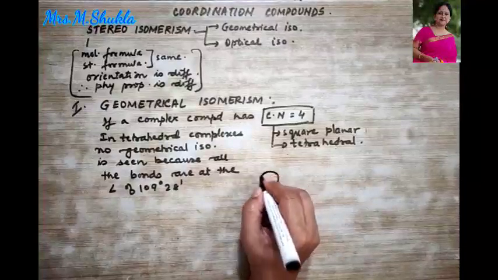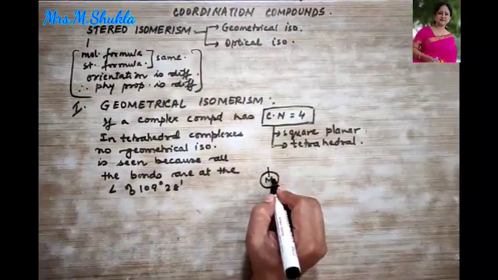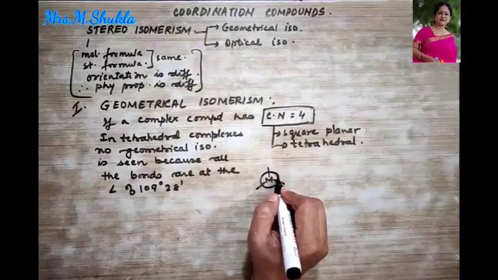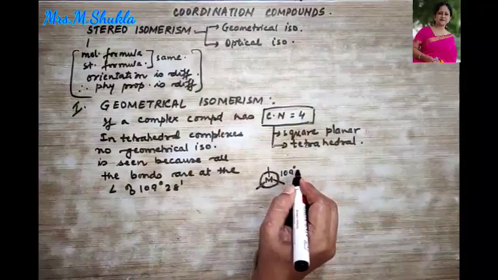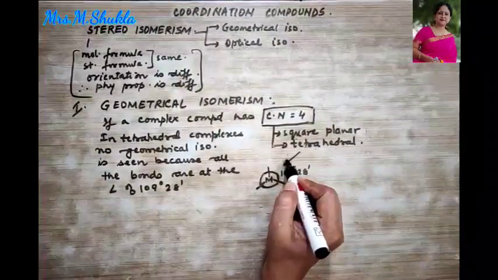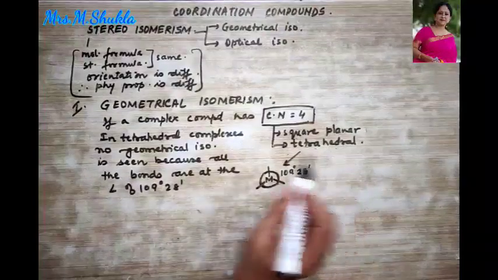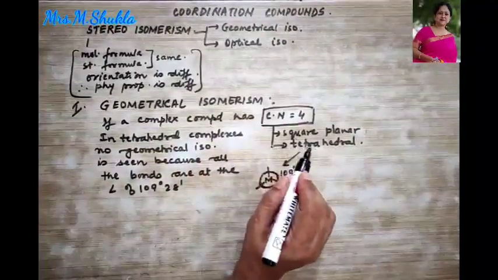I mean to say that if this is the central metal atom, then the angle that will be formed is 109 degree 28 prime. Therefore, due to this tetrahedral structure, they are not going to show geometrical isomerism. So this point is very clear.